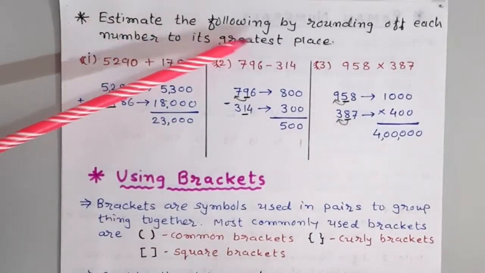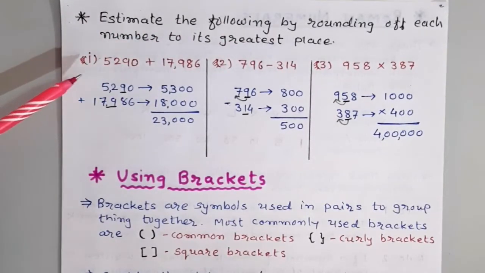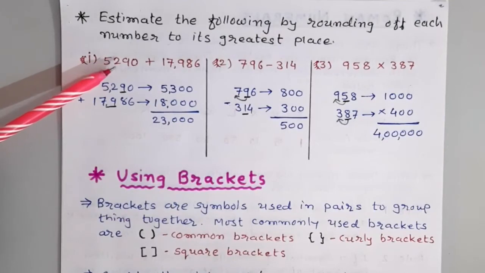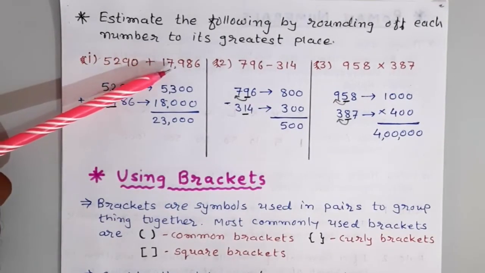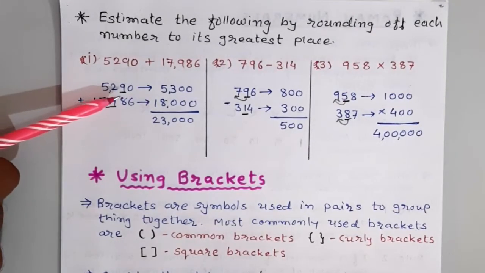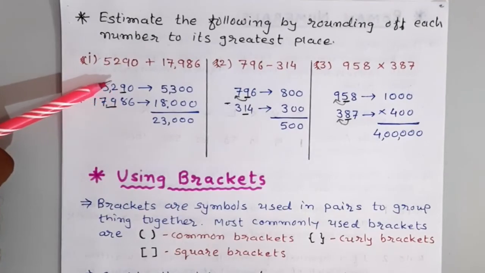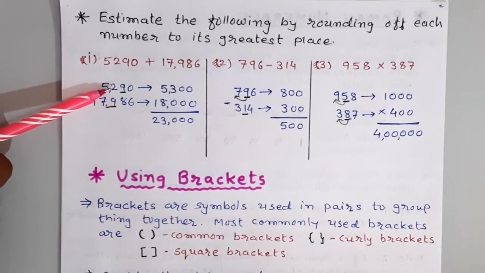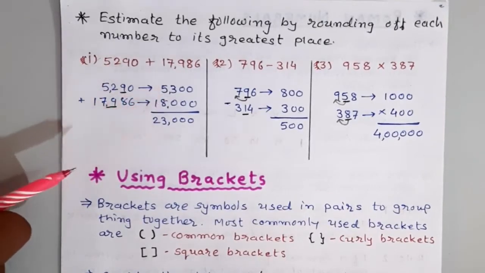Estimate the following by rounding off each number to its greatest place: 5,219 plus 17,986. Now underline the number at the tens place, and 9 is greater than 5, so we have to increase the hundreds place by 1; the estimation will become 5,300.